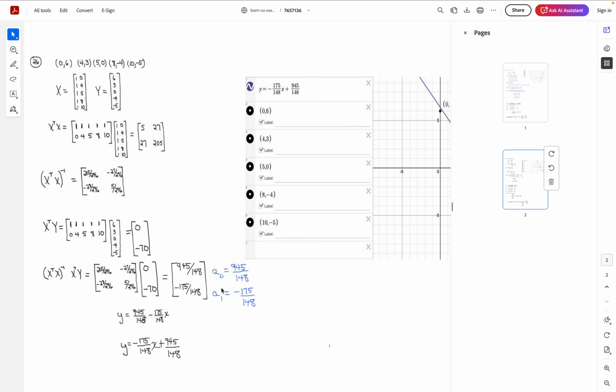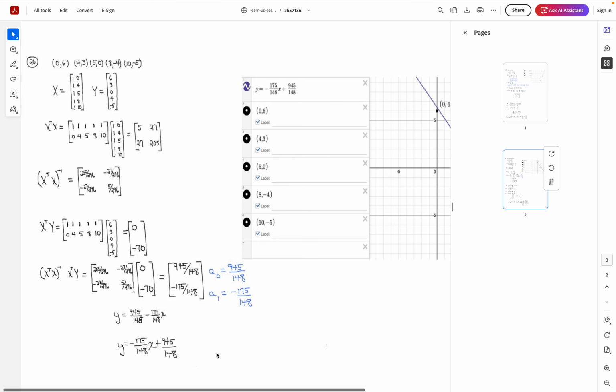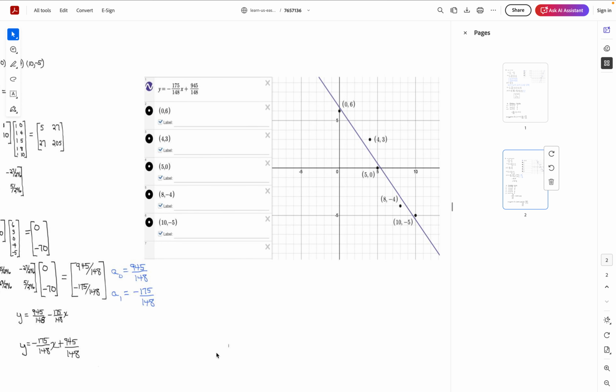Okay, and we have with our coefficients, a sub 0 is equal to 945 over 148, a sub 1 we have at negative 175 over 148, and we have this resulting linear equation. And in the graph, we have this result to be the line of best fit.